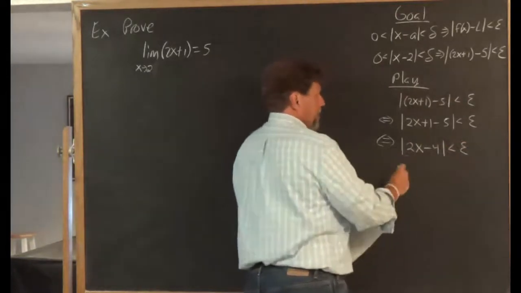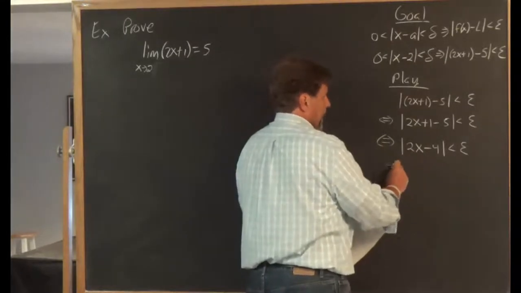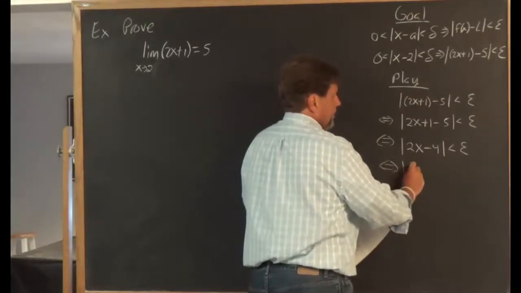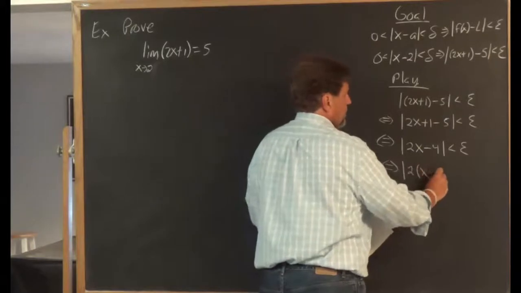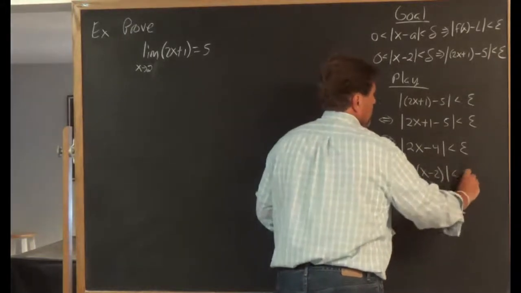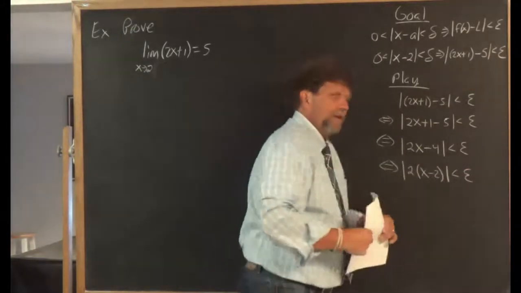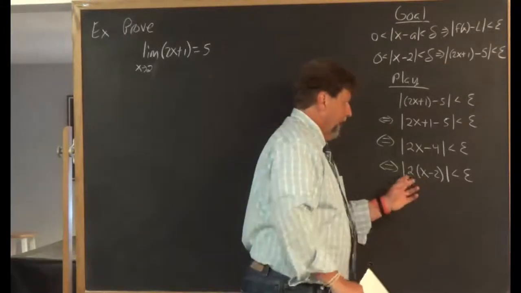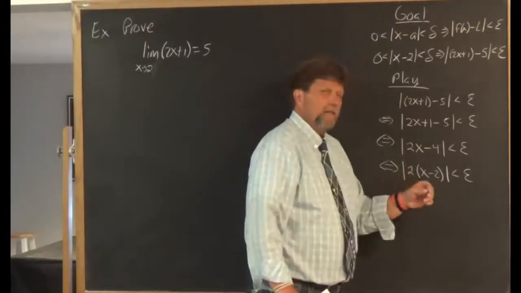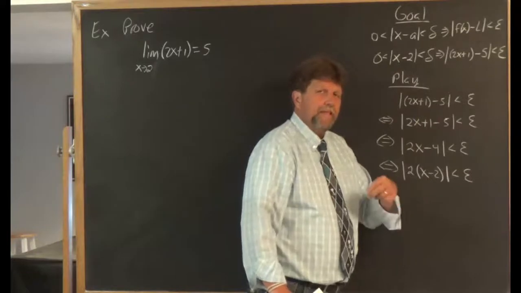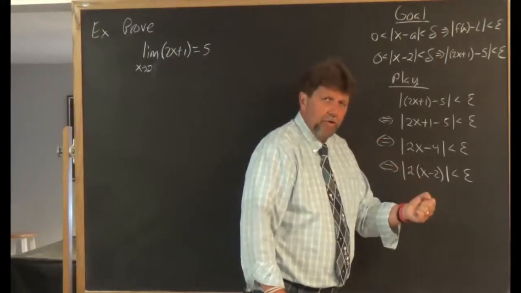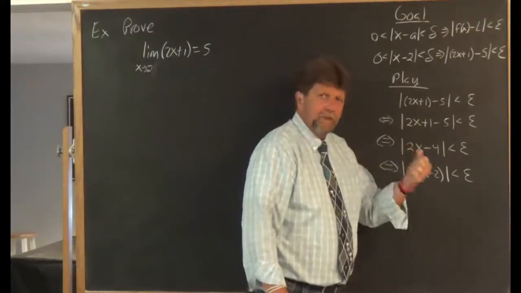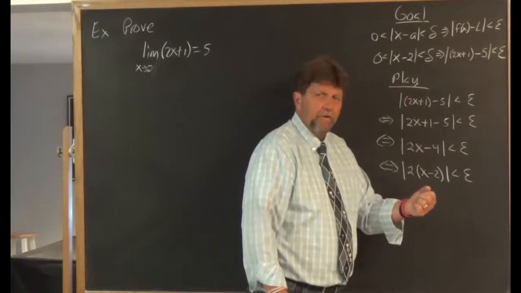If I combine like terms, I would have 2x minus 4. And I'm going to continue playing around inside the absolute values. It looks like I could factor out a 2. And then I can use a property of absolute values. The absolute value of 2 times x minus 2, that's the same thing as the absolute value of 2 times the absolute value of x minus 2.